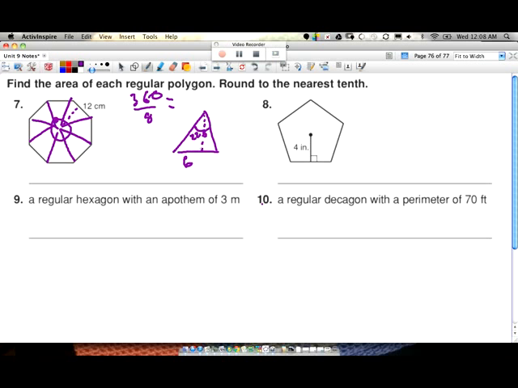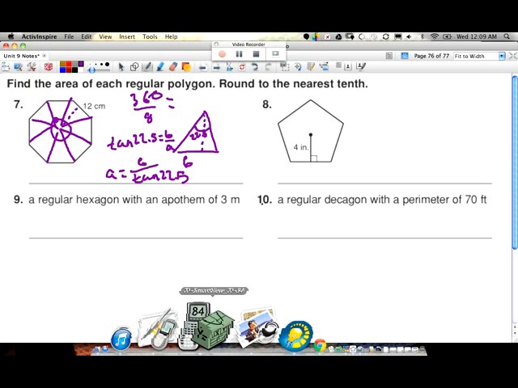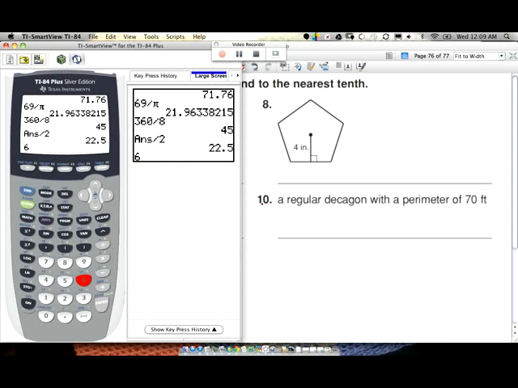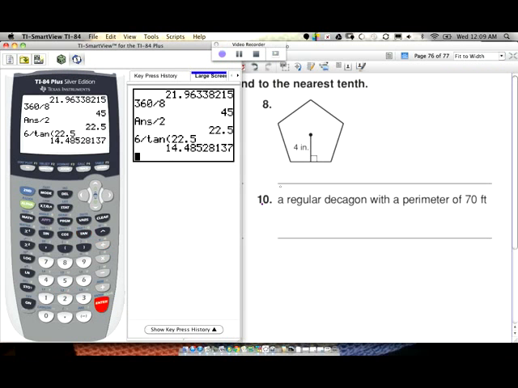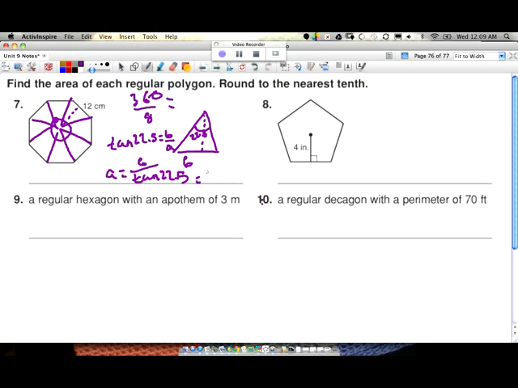Well, I know this half is 6, so I can do some fancy tangent stuff. I know that tangent of 22.5 is going to equal 6 over the apothem. So apothem is going to be 6 divided by tangent 22.5. Let's calculate that. It gives me 14.48.